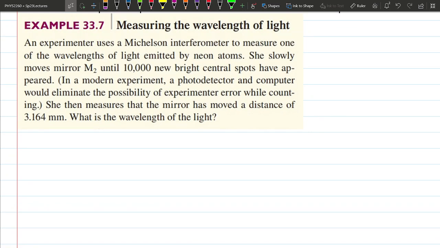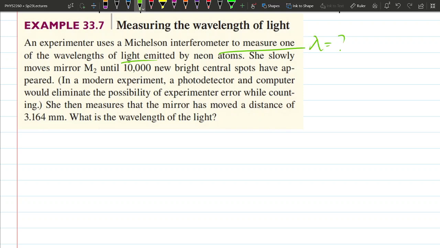We're going to use a Michelson interferometer to measure the wavelength of light. In the experiment, which is exactly what we do in the lab over there, we have some neon laser, and we want to determine the wavelength of the neon laser somehow.